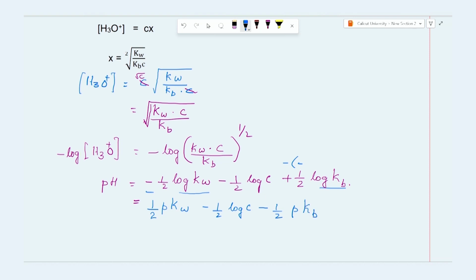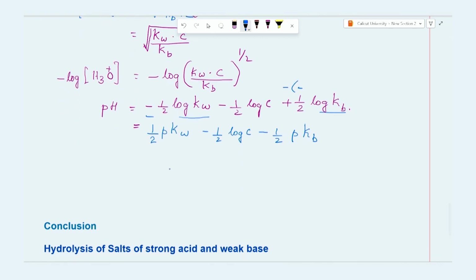Okay. Now, the value of pKw is equal to 14.